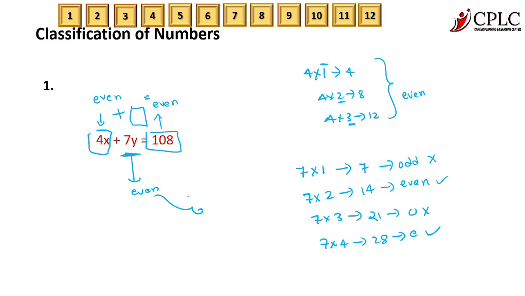So the whole idea is for 7y to be even. I hope you have understood the simplest pattern: your y has to be even. If your y is odd, then 7y also becomes odd, and then even plus odd gives you odd, whereas we want an even number as the final answer because 108 is even. So the answer is that y is compulsorily even, because only then 7y becomes even, and then even plus even gives the answer as even.